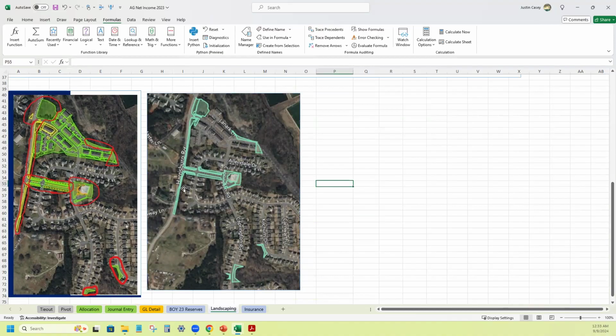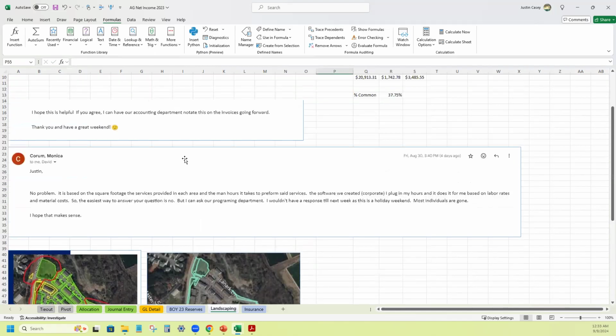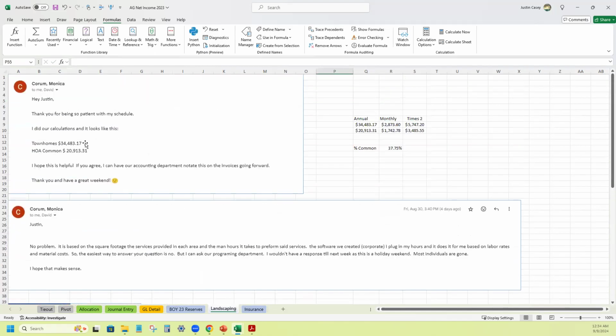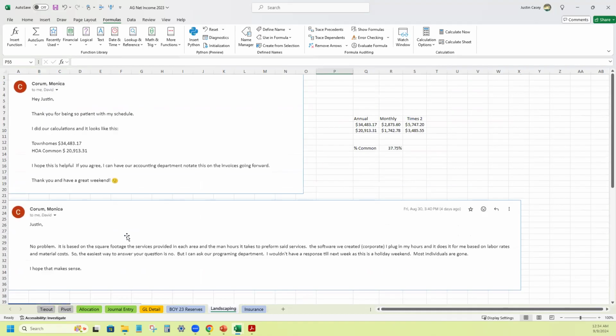Monica Coram of Yellowstone clicked on the areas in her software and came up with the clicked on areas are common expenses and the other areas are townhome expenses that are serviced. And so it's based on square footage and the man hours it takes to perform the work in the square footage areas.